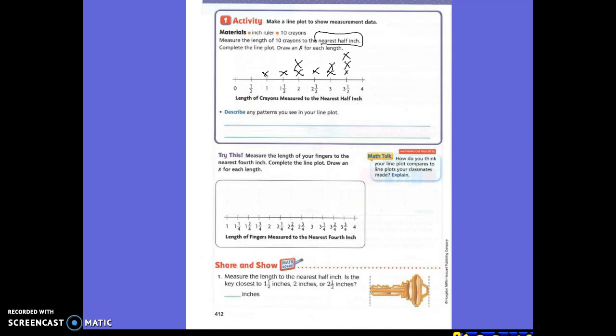Describe any patterns that you see on your line plot. What do you see? Anything. Just describe something from this line plot. Callie? Eli?